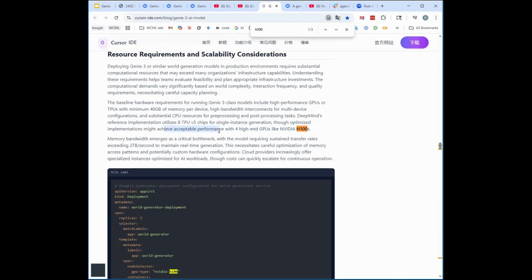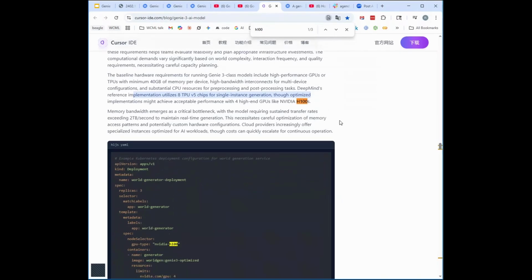It says they use 8 TPU V5s for a single instance. If you optimize it, then you might be able to get it down to 4 GPUs. Again, I don't know how much credibility to assign to this article, but it was one place I did see that memory bandwidth over 2 terabytes per second might be a bottleneck.